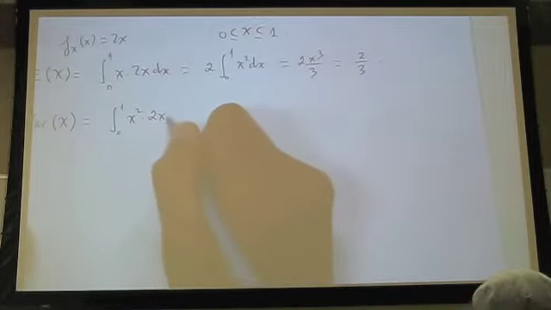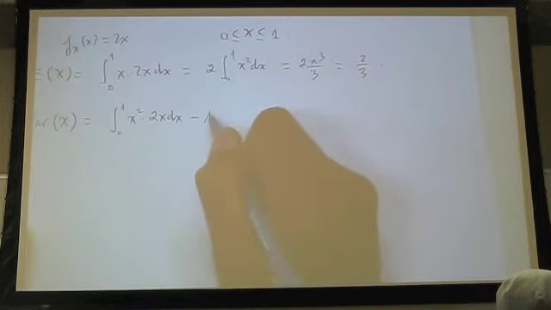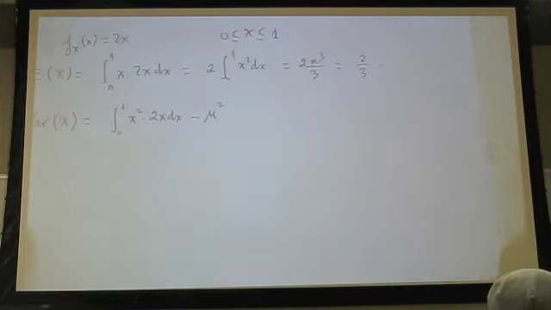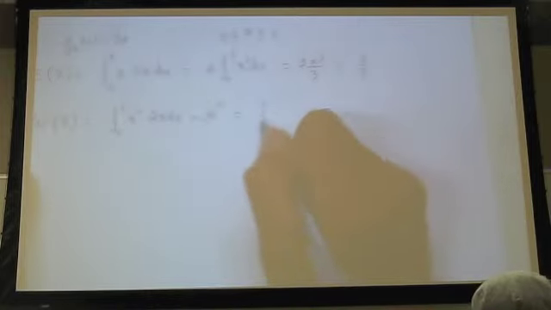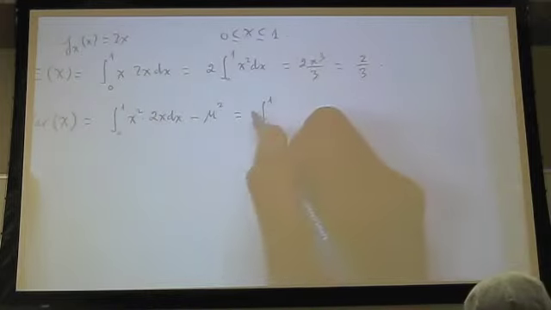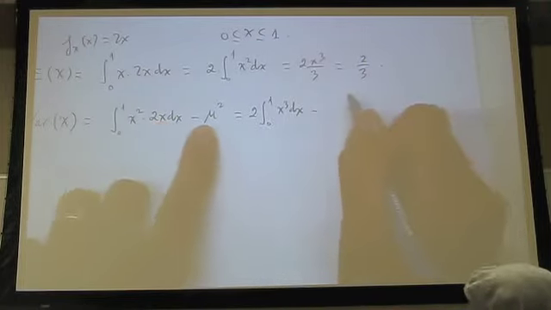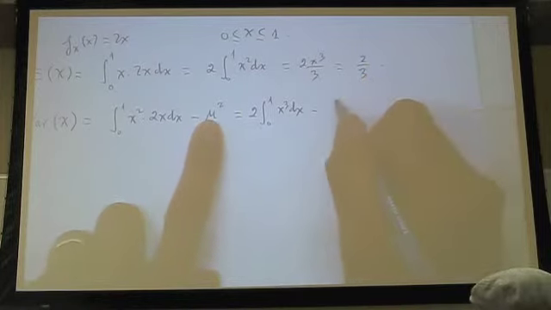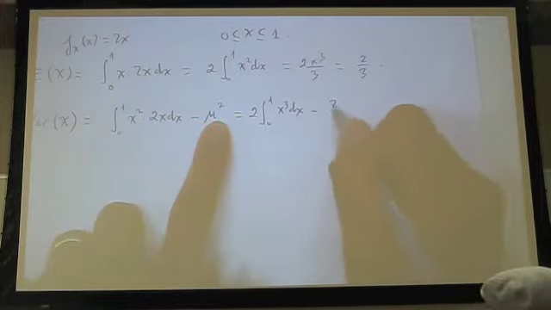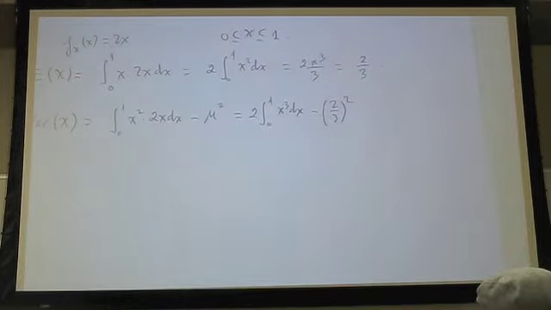So this is 2x dx, right? Minus the expected value, which is mu right here, squared. Remember, mu is the expected value. So what is this? This is the integral from 0 to 1 of 2x to the third dx minus what? 2/3 squared. Can you see that? Yeah, because the expected value is mu. So therefore, 2/3 squared. Okay. So whatever you get, you get. All right.